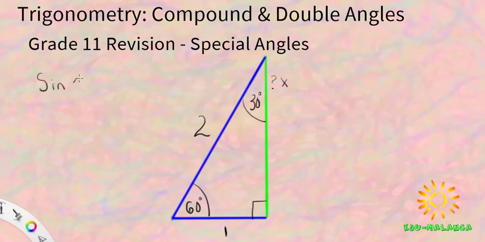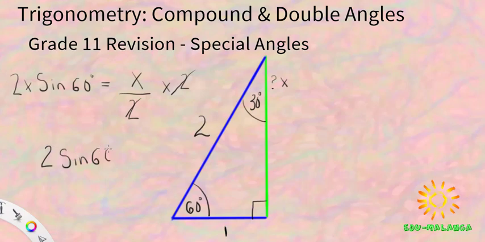Sine of 60 degrees is equal to the opposite length, which is x, we don't know it, divided by the hypotenuse, which is 2. Let's multiply by 2 on both sides, times 2 on this side and times 2 on that side. The 2's will cancel out on this side. So what you're then going to have is that 2 sine 60 degrees is equal to x.